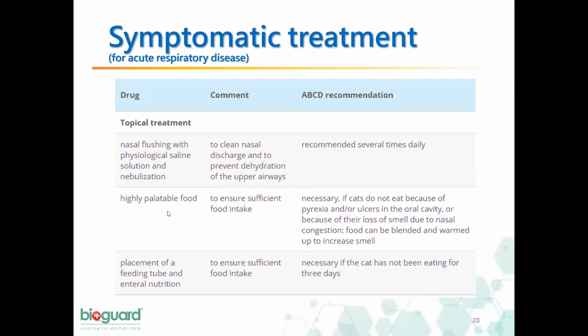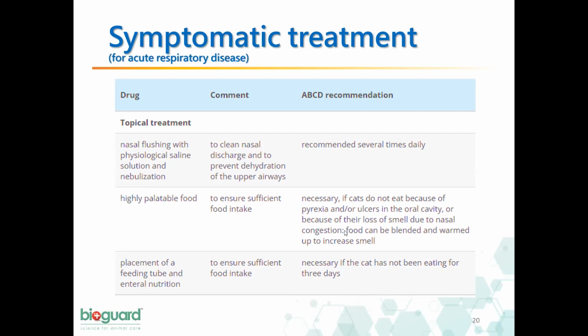Because of the irritation of the nasal passage, the cat might not be eating properly, so it is very necessary that we feed the cat and try to give sufficient food intake. Also, because of ulcerations of the oral cavity, the food intake would be less.